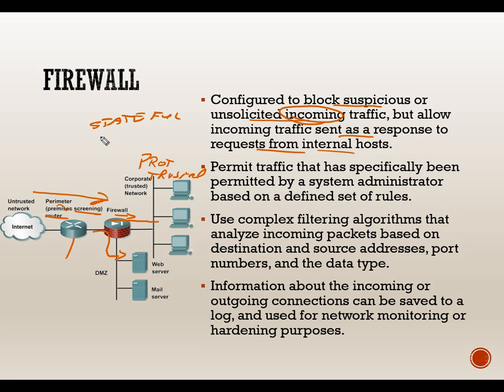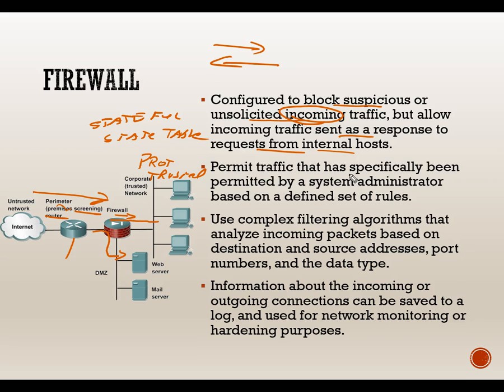A stateful firewall has a state table, which keeps track of the state of the connection. As the request goes out, an entry goes into the state table. When the answer comes back, it allows it through. If somebody tries to forge a response, the state table says, no, we didn't initiate that, go away, and stops the traffic.